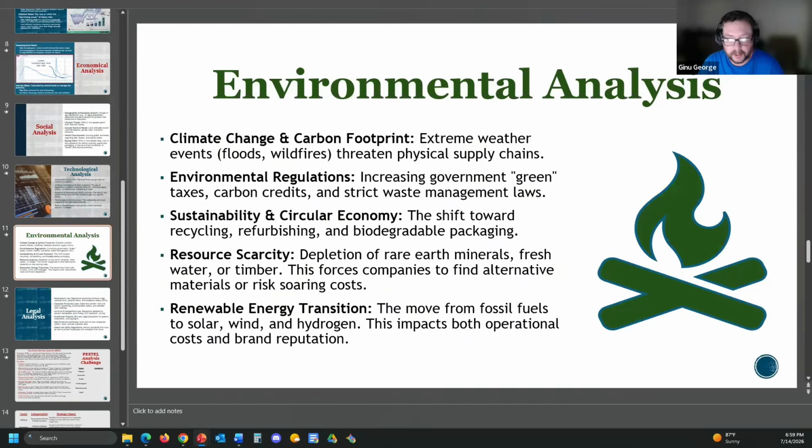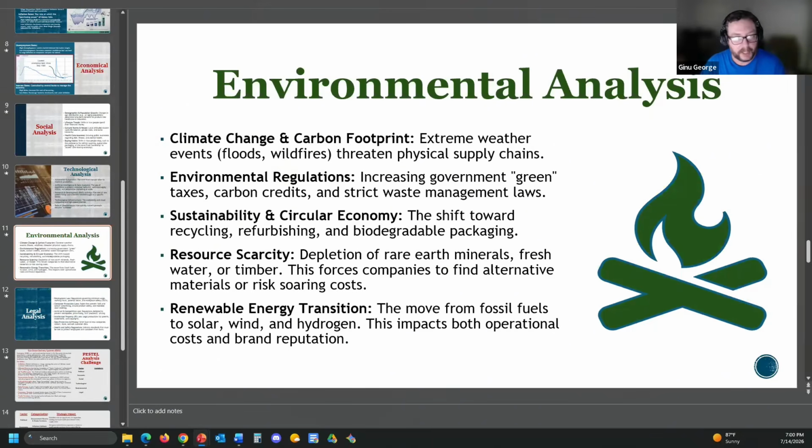And then there's resource scarcity, of course, like the depletion of rare earth minerals or fresh water, right? Things are running out. Not at a tremendous rate, but there are things that are running out. It forces companies to innovate. They have to create alternative materials, or they have to face soaring costs to buy those materials.